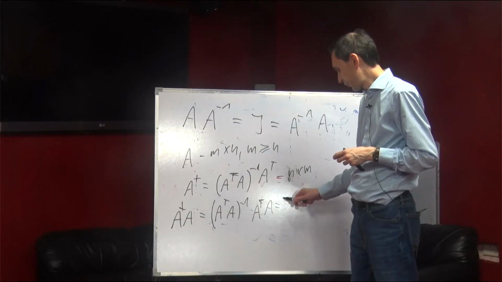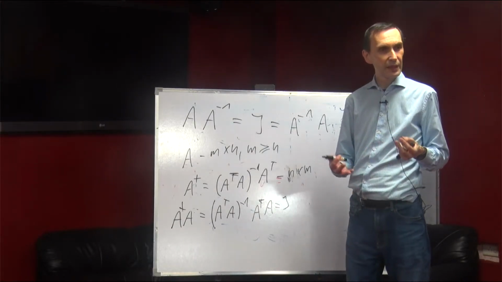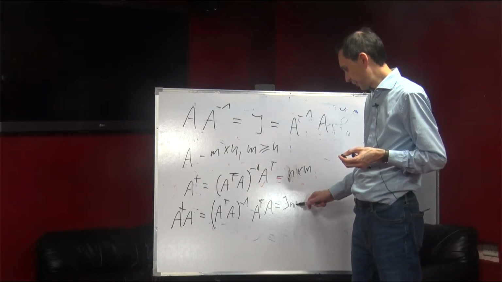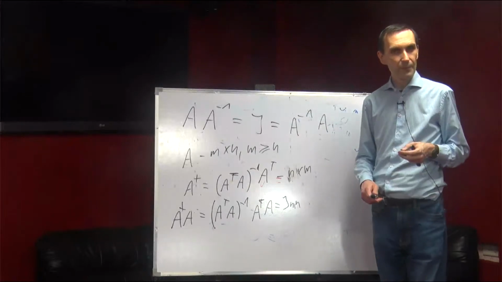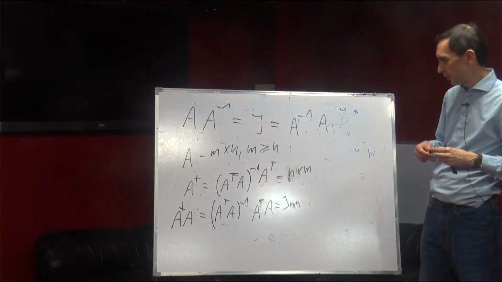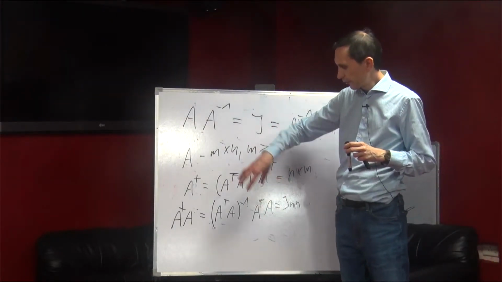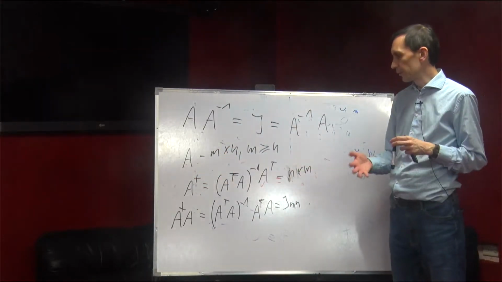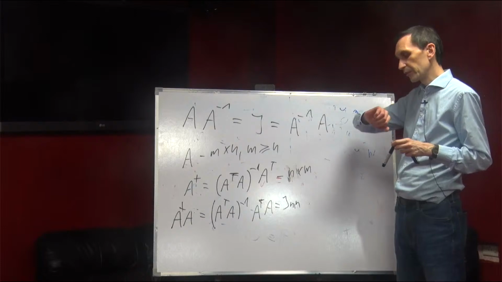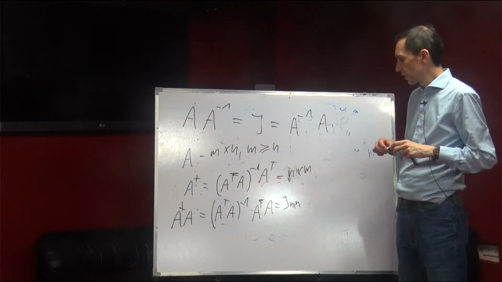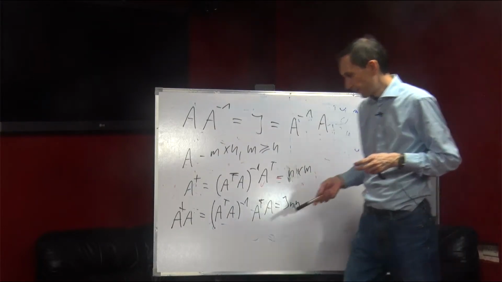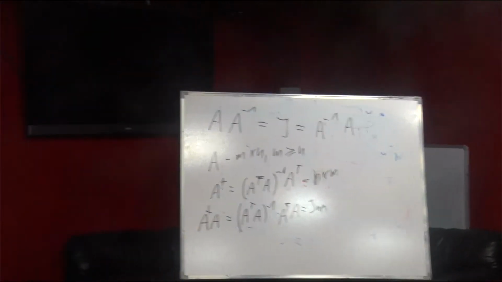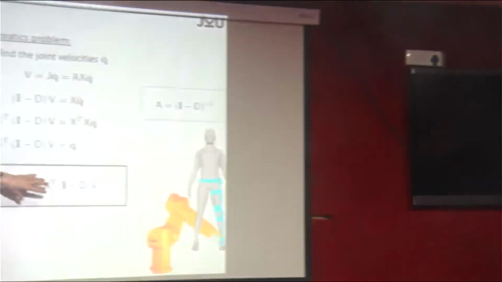And what you get is the identity matrix of dimension n times n. That's why it's called the left inverse: if you multiply A from the left with this A plus, it gives you the n times n identity. And of course, there's a right inverse, which you don't need here. Okay, good. So this is the left inverse.